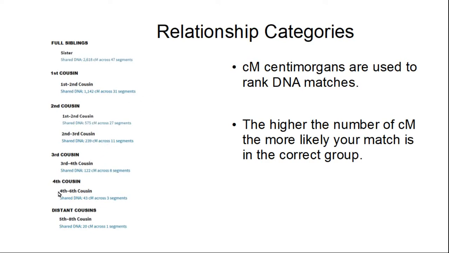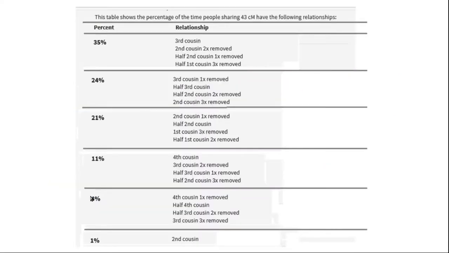We're going to look at fourth cousins, because that's where most of the cousins you're going to be working with are. Every single DNA match will have a blue link to it, and you can see statistically what these mean. So for a fourth cousin with 43 centimorgans, 35% of these people are going to be third cousins, second cousins twice removed, half second cousins once removed.